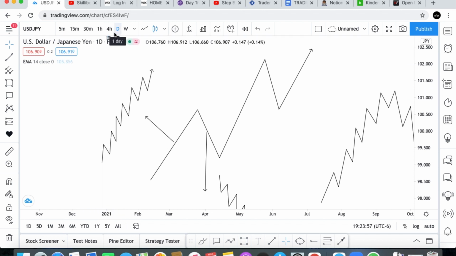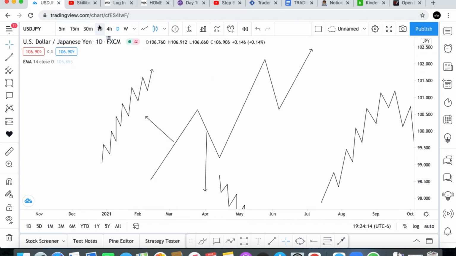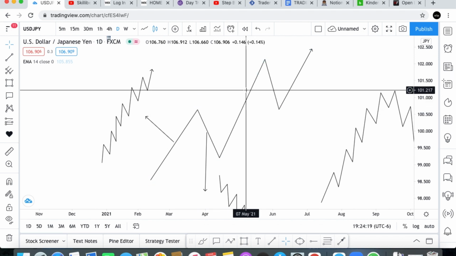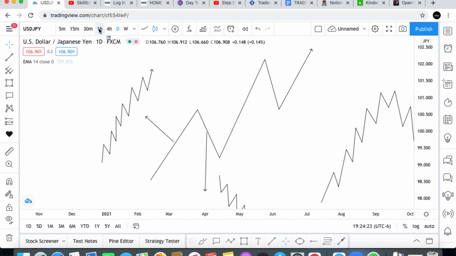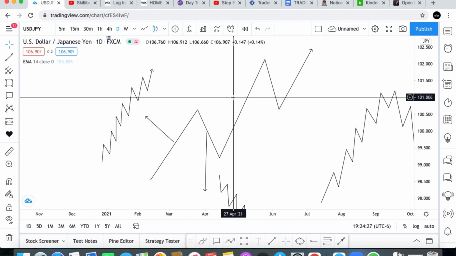If you highlight one daily candlestick and go on the 1 hour chart, in order for that daily candle to be complete, you have to have 24 1 hour candles, because there are 24 hours in one day. So you'd have to see 24 1 hour candles to get one daily candle, if you guys understand what I'm trying to say.